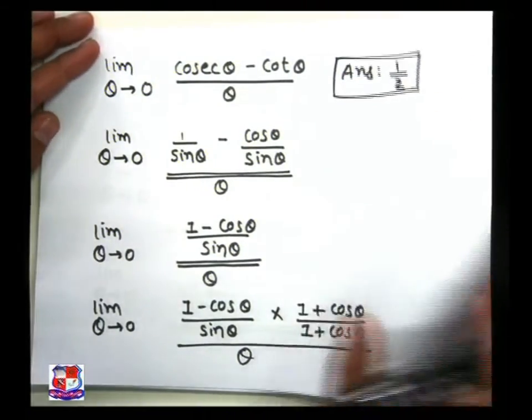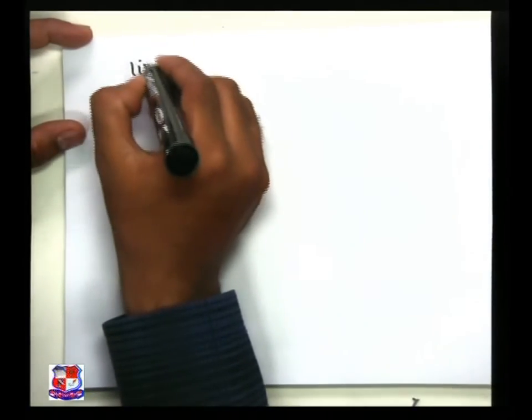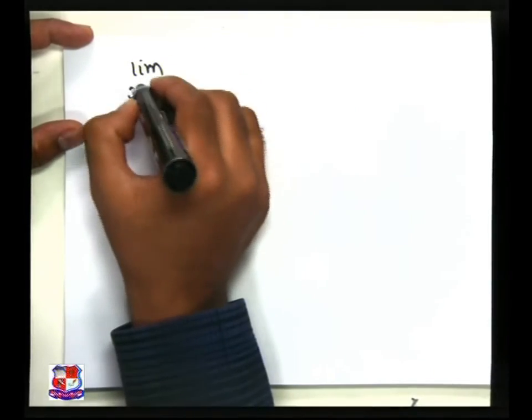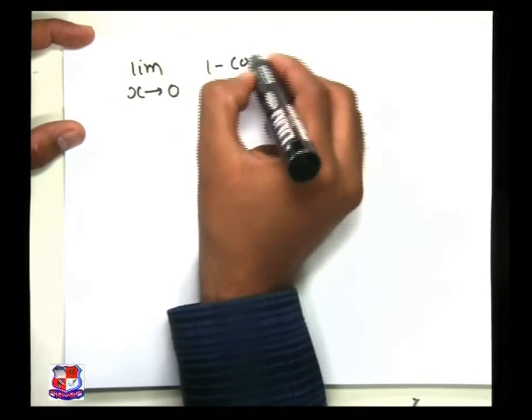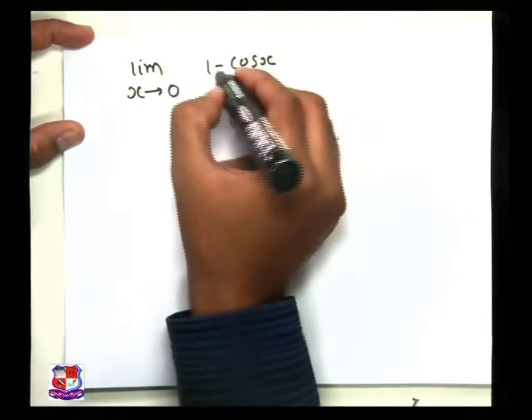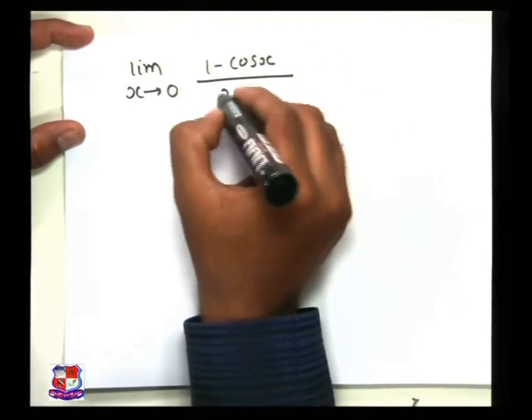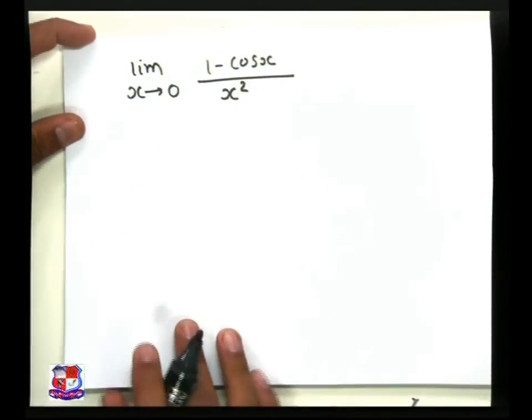Now we move to our next question: (1 minus cos x) upon x square, limit x tends to 0. So we write it first: limit x tends to 0, (1 minus cos x) upon x square.